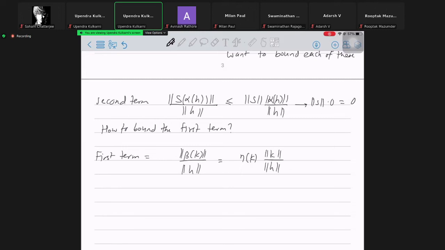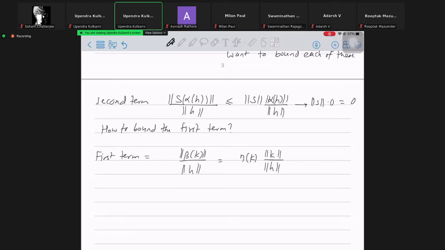And you see, morally speaking, I'm done, because what I know is that as h approaches 0, k approaches 0. So this is all going to work out okay, but I really have to bound this properly. So there is one more bit of estimation to do.